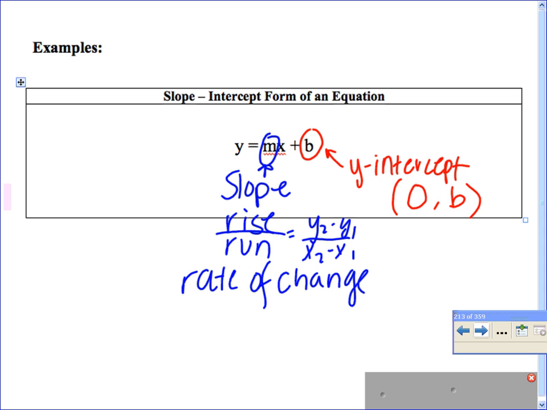X is 0, and we find what Y is. 0, comma B, we always know that that Y-intercept is B. Another thing I want you to add to it is that it's always the starting point on your graph. Important thing for today's lesson is that you know slope is rise over run, and y-intercept is written as 0, comma B, and it's the starting point.